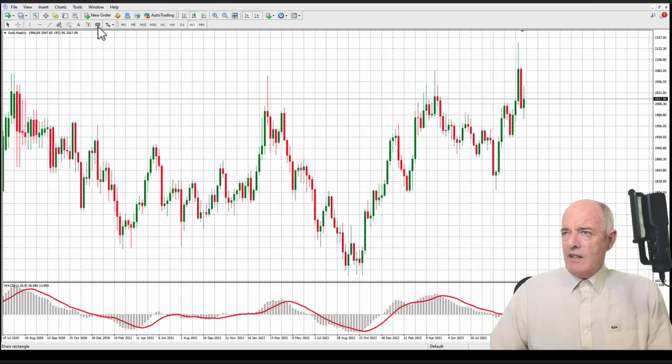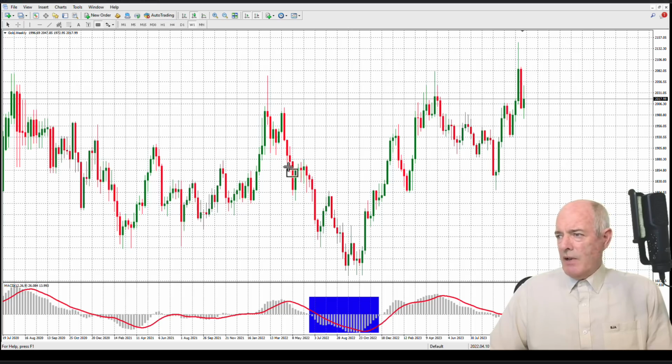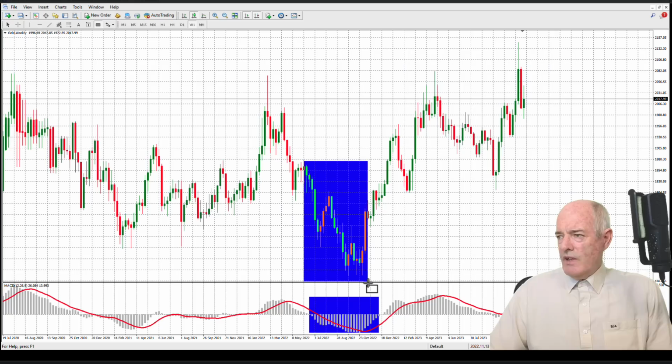So here we can see we have the histogram all below zero. And if we compare that to the price action above, we can see that, yeah, it's definitely in a bearish trend. It's going down.